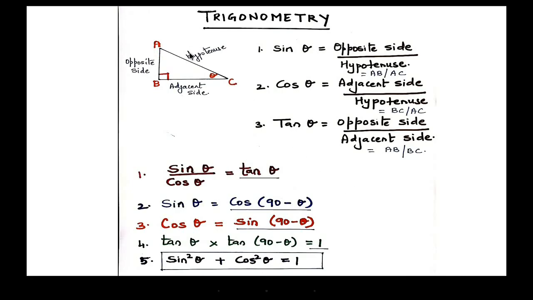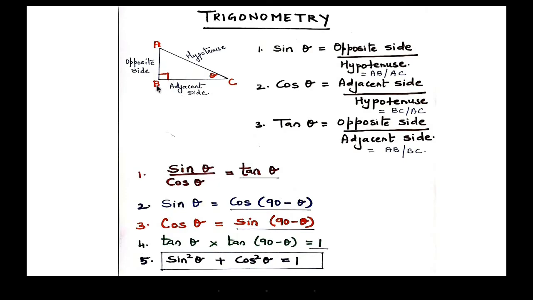We first revise what we have done in the previous standard. We have studied different trigonometric ratios like sine, cosine, and tangent. Sine theta is opposite side upon hypotenuse. These ratios are taken for right angled triangles.